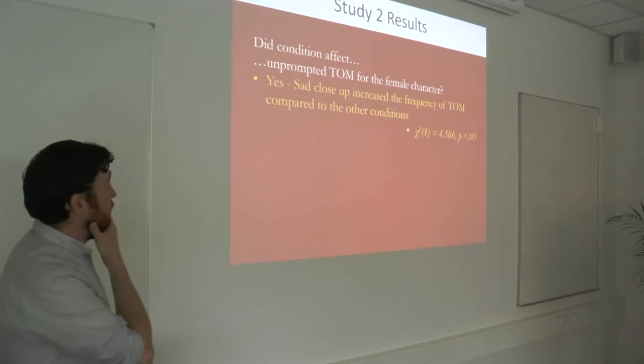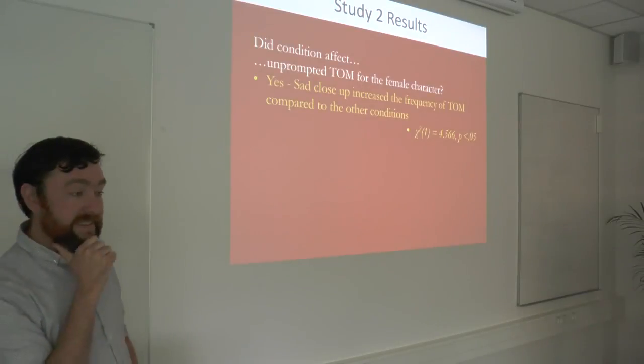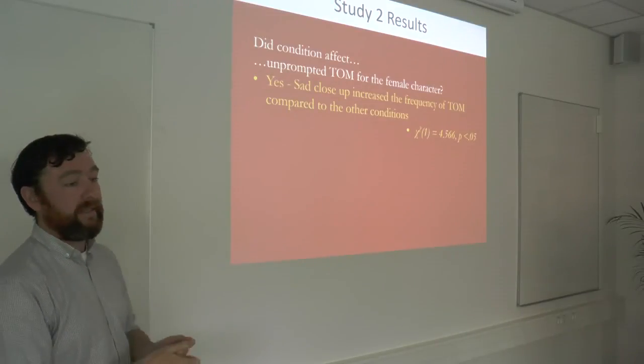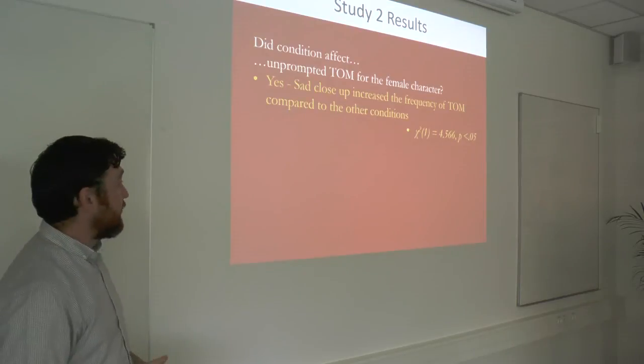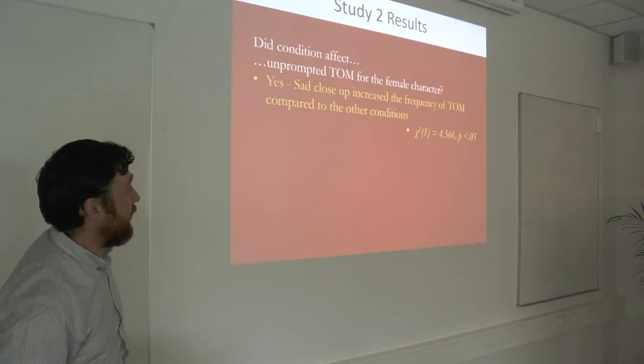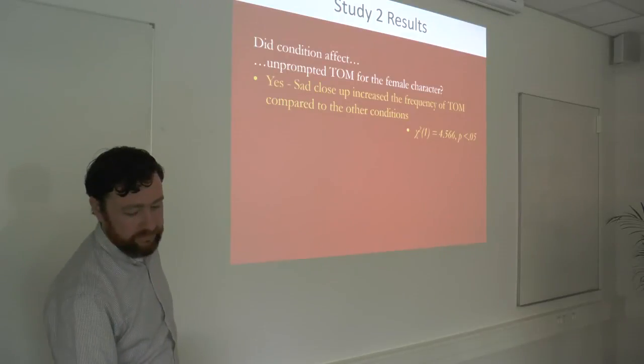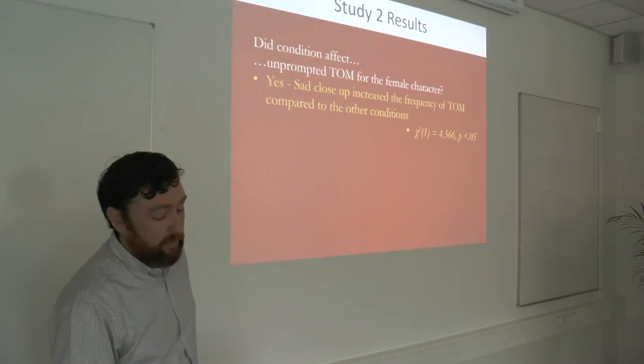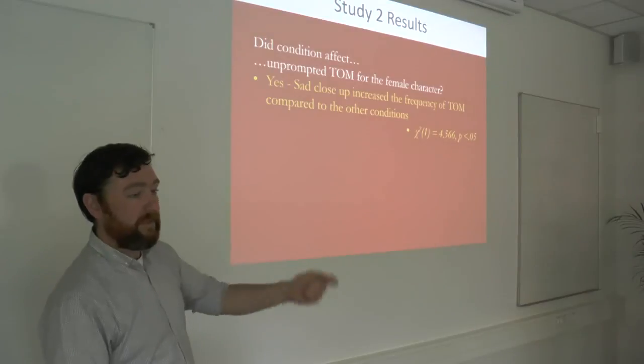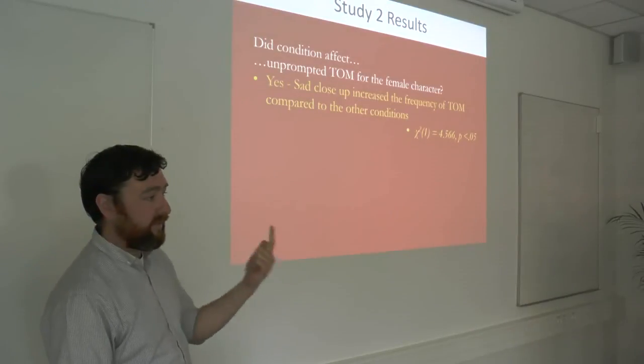And yes, our results showed that for the sad close-up condition, if you were assigned to that condition where there was a sad close-up, then this increased the frequency of theory of mind compared to the other conditions, the neutral or the long shot. We were interested in exploring this a little bit more, because remember we subdivided those mental state references into affective, cognitive or intention.